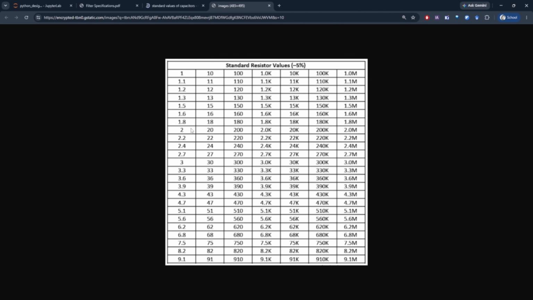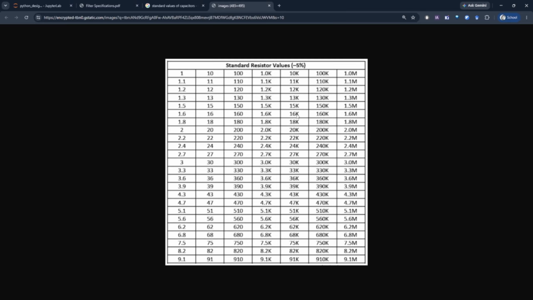So when I come to this, I can look for 15.92k, something close to that. I'm not able to find it; it's either 15 or 16. There's no 15.92. But when your project needs precision, then you can do what I've told you, put them in parallel or in series to obtain such a value.